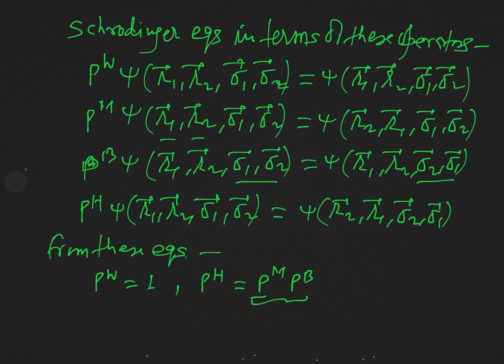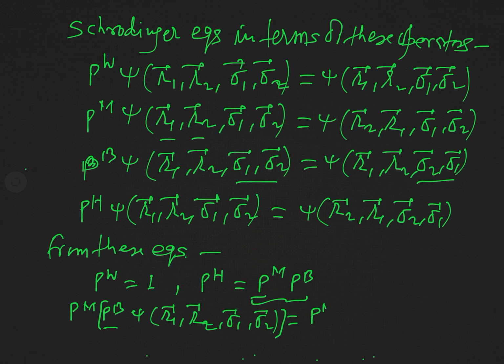I am just writing it here. Let us say we operate the operator P_M P_B on the wave function psi of r1, r2, sigma 1, sigma 2. To take this operation into account, first of all we operate P_B on this wave function.